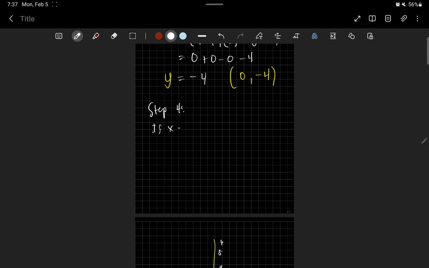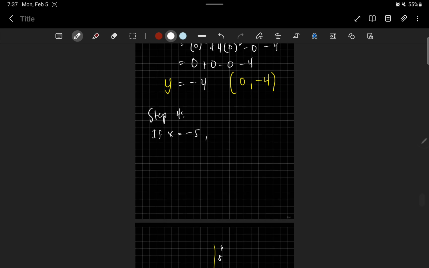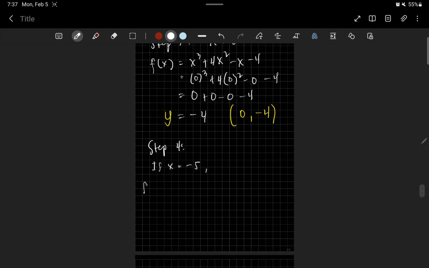So if x is equal to -5, what will be the value of y? Using our f of x, which is equal to x cubed plus 4x squared minus x minus 4, we substitute -5 into f of x. That is (-5) raised to 3 plus 4 times (-5) raised to 2 minus (-5) minus 4.